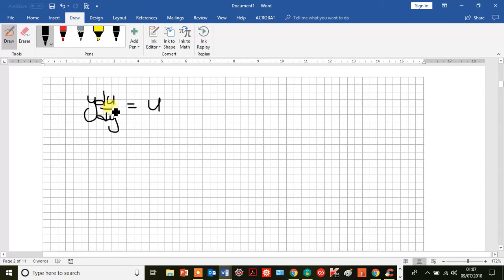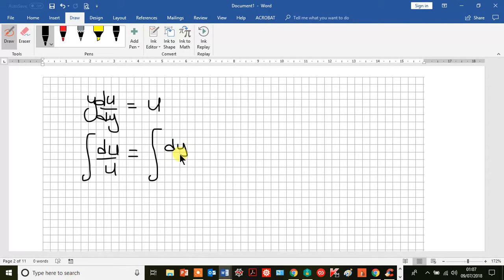Now it's become y du by dy equal to u. This is separable. So we can bring all the u's onto one side. Don't forget to put the integral sign in. And that is equal to the integral of dy over y.